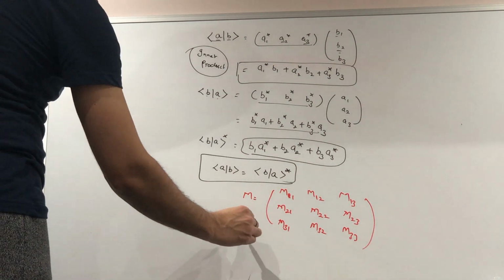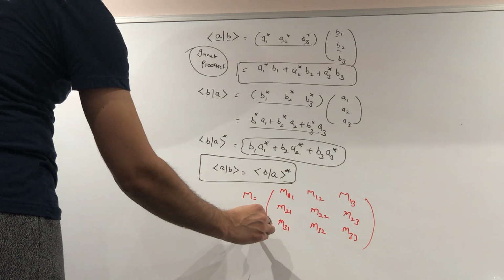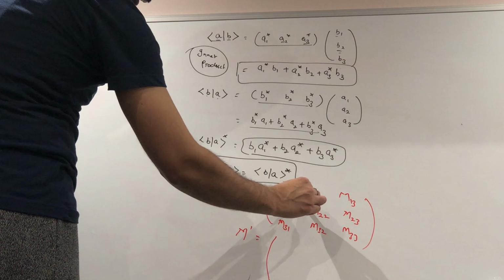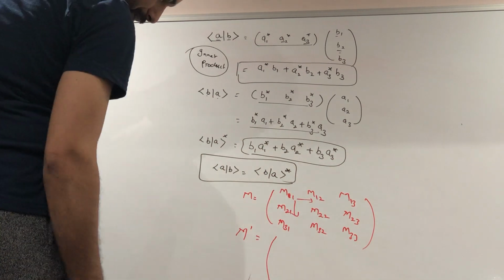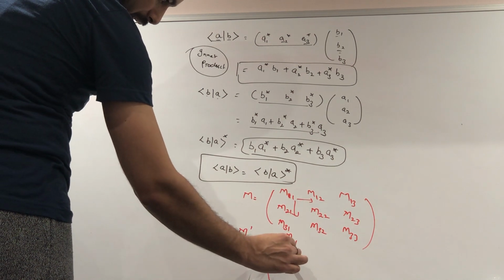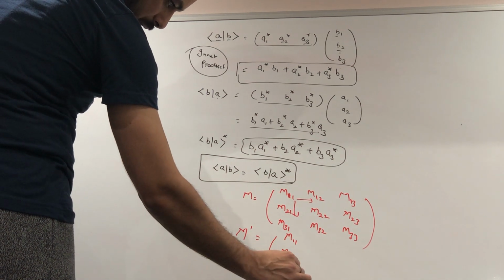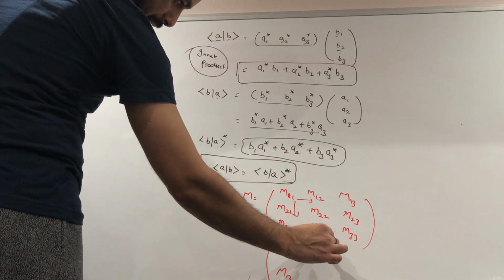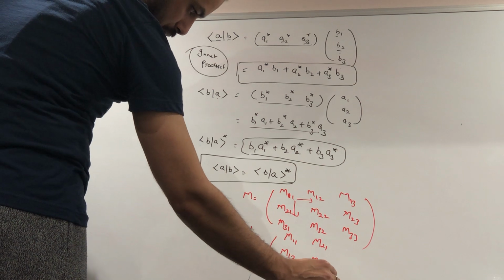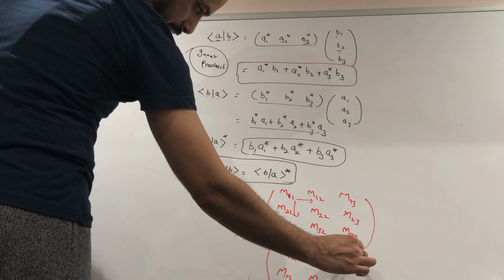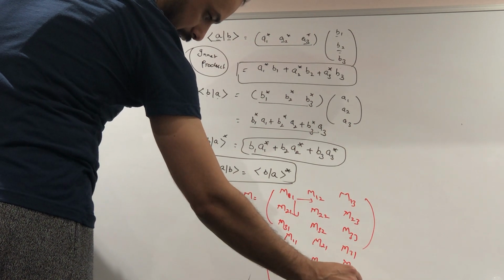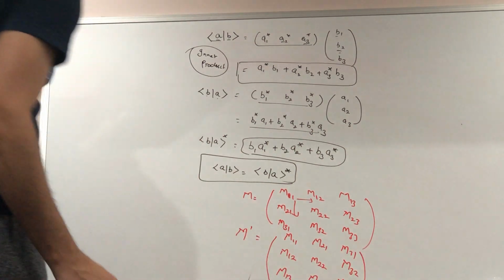So what I do is take the transpose of this matrix. How do I take the transpose? I change the rows into the columns. So the element M11 will come here, followed by M12, M13, then I'll take M21, M22, M23, then comes M31, M32, M33. This is another matrix.